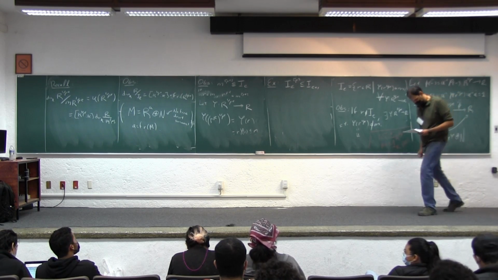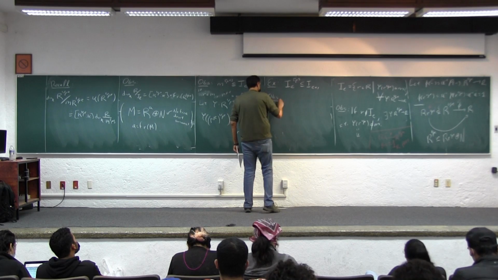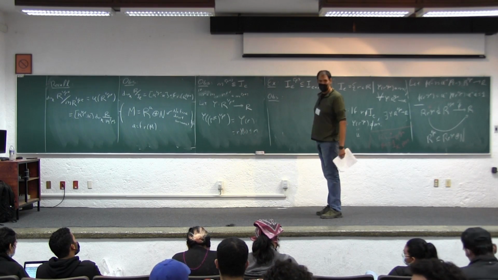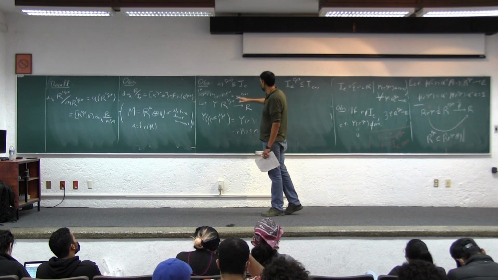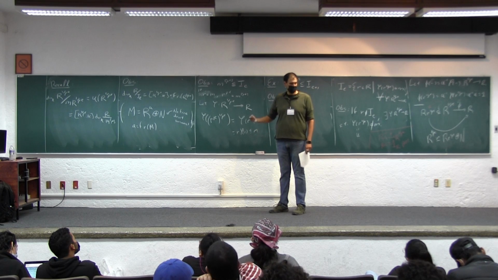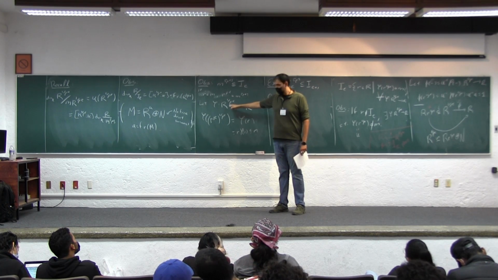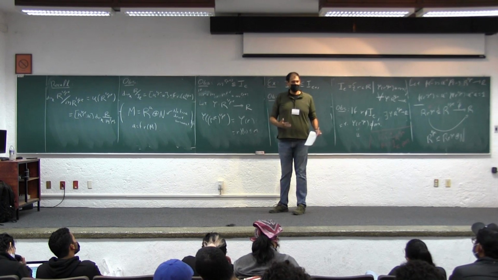Okay, so an observation. Kunz theorem, the first one that we discussed: the module is free if and only if the ring is regular. What does it mean for this to be free? It means that every minimal set of generators is a basis.